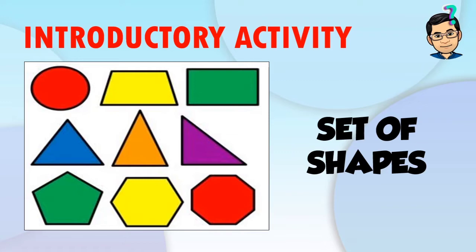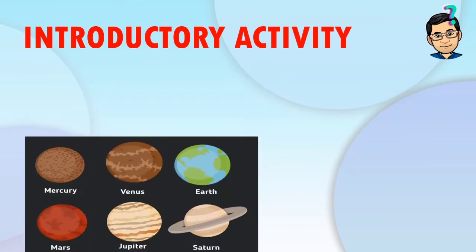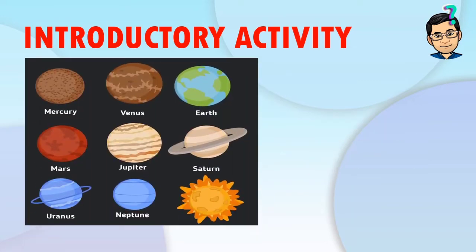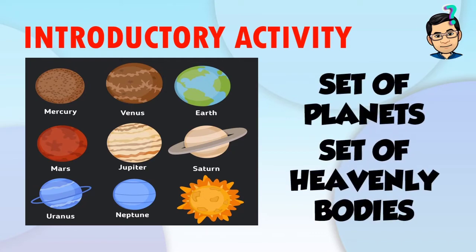Because one of these figures is not considered as polygon, which is a circle. So let's have the fourth picture. So yan, familiar po yan sa inyo. Mercury, Venus, Earth, Mars, Jupiter, Saturn, Uranus, Neptune, and even the Sun. So what are these? These are set of planets or set of heavenly bodies.